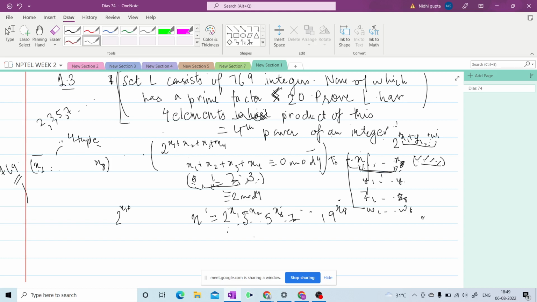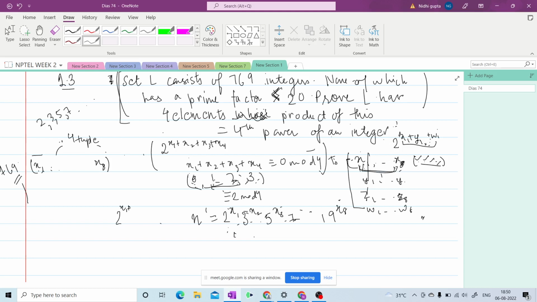Look at the last problem which we discussed in assignment one. There, even and odd was sufficient. That was a simpler problem, for the square it was okay. But even if we get even numbers, it doesn't guarantee that the sum will be divisible by 4.